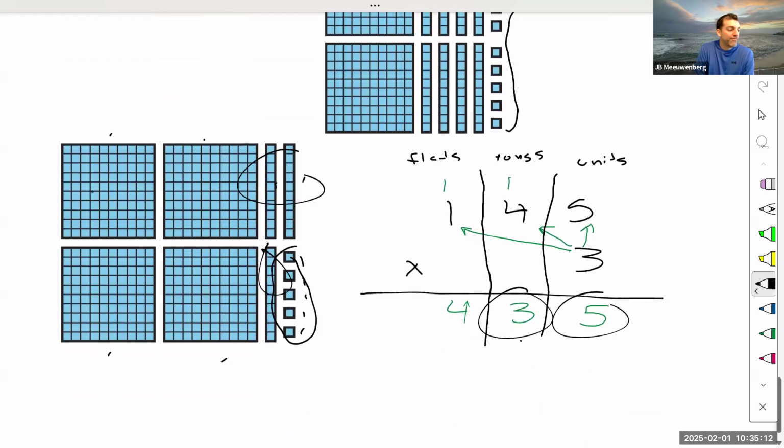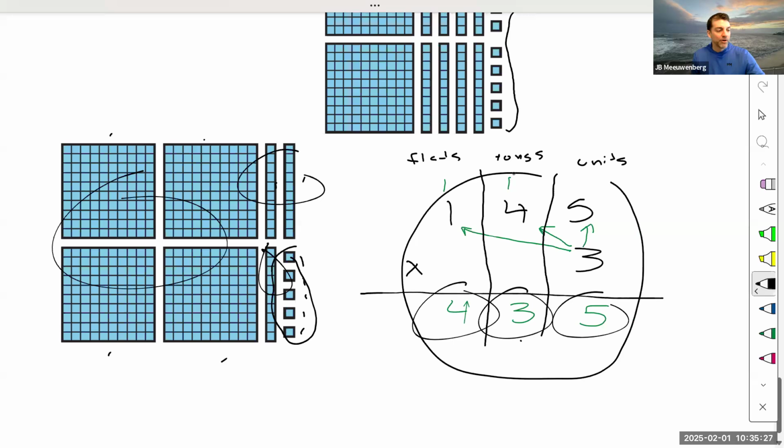And that's how we ended up with four of them here and four of them here. So again, when you start to build these ideas of regrouping, it helps lay that foundation for understanding our place values and how this algorithm that we are familiar with works. And that is incredibly important.